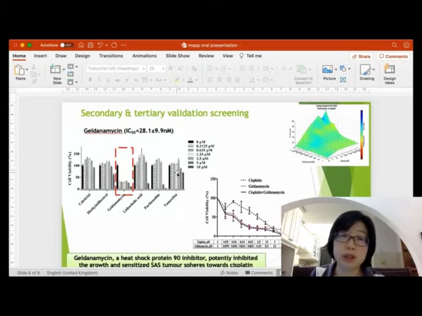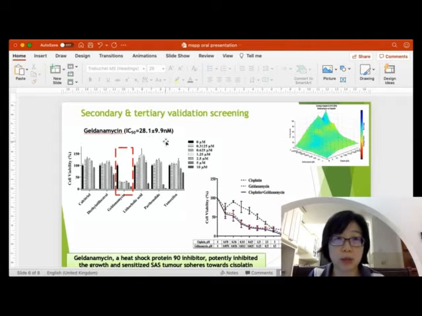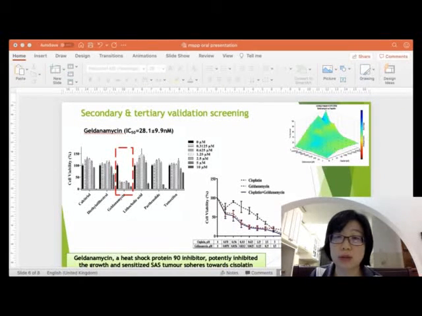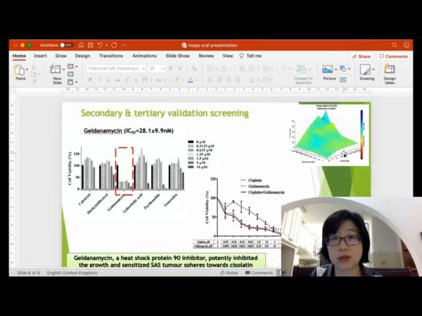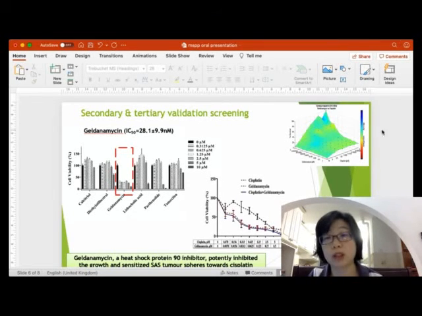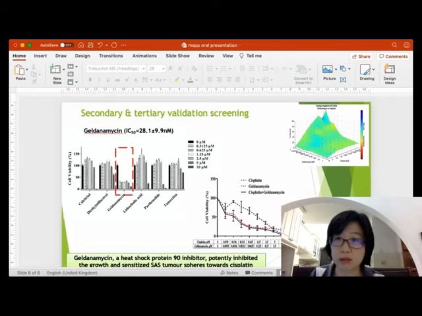Here we show a part of our data: we found that geldanamycin has the lowest IC50, at around 28 nanomolar. We further tested it at different concentrations with cisplatin and obtained a combination index of 0.66, which suggests a synergistic effect together with cisplatin.